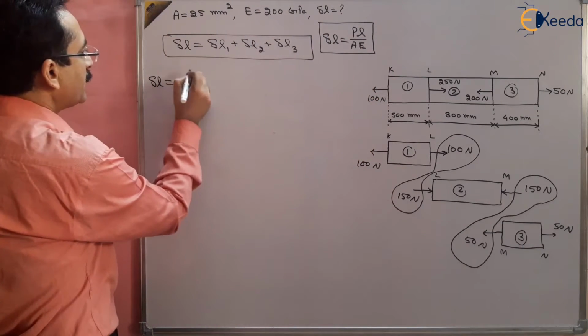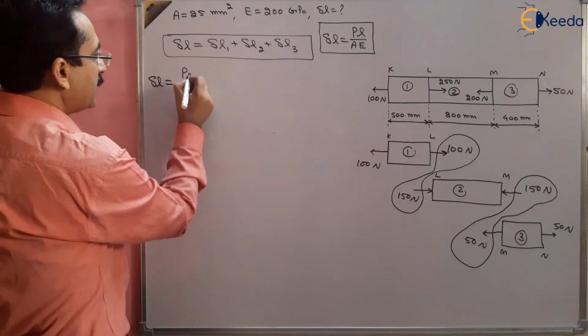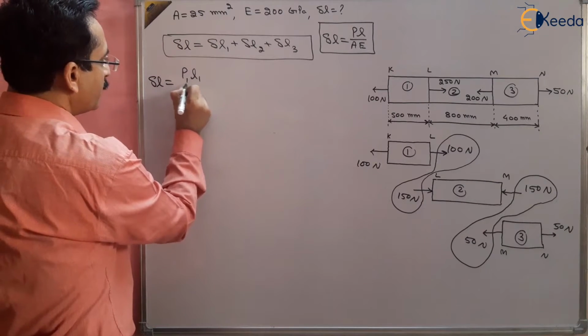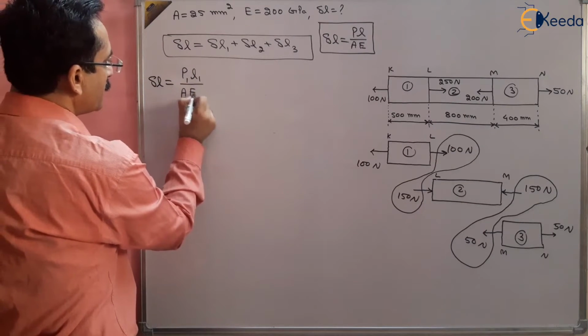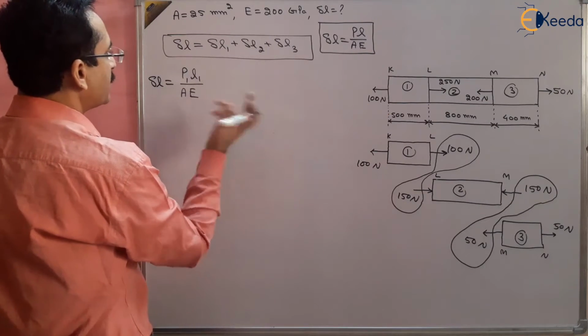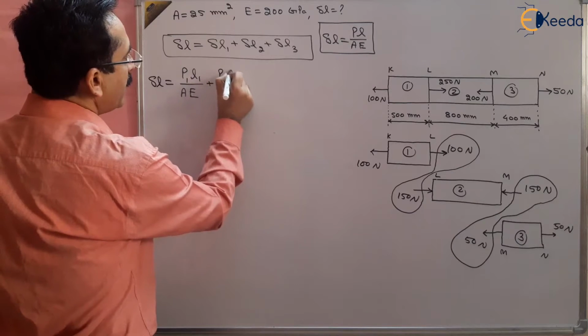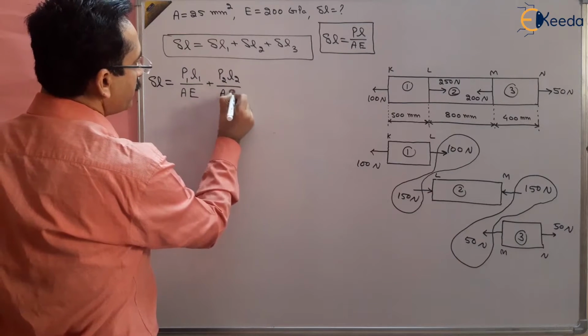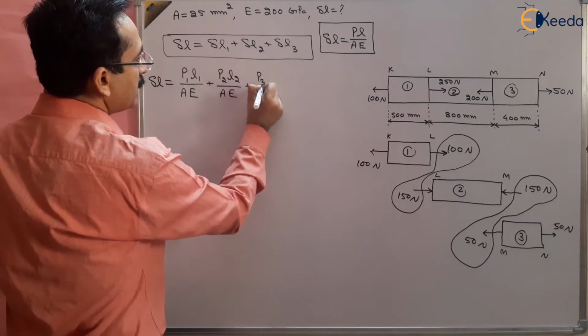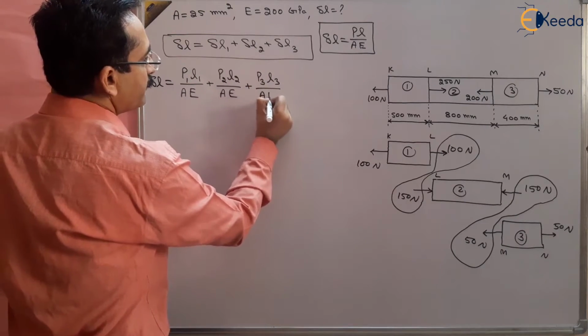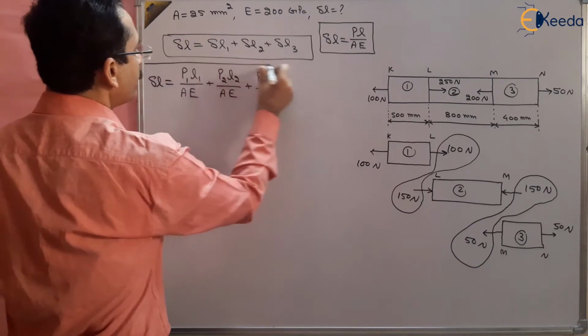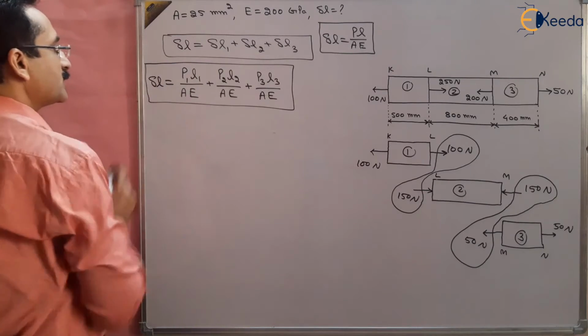So delta L will be equal to P1 L1 upon AE. Area is common to all the sections, and E is also common. We can keep AE common: P2 L2 upon AE plus P3 L3 upon AE. So this is our basic formula. We have applied the principle of superposition.